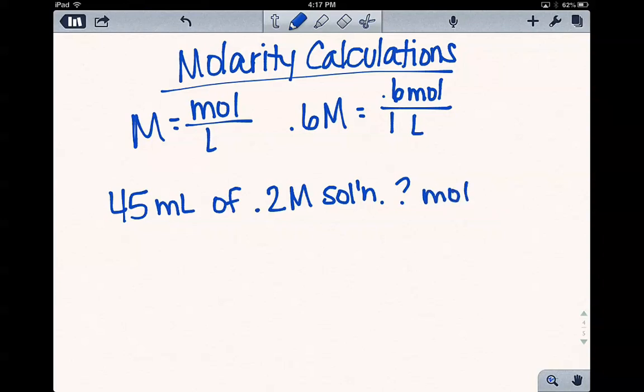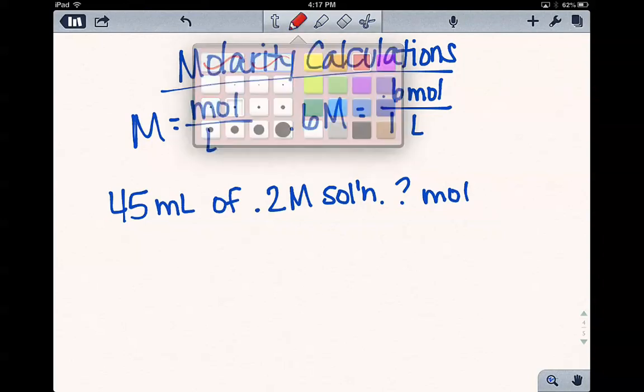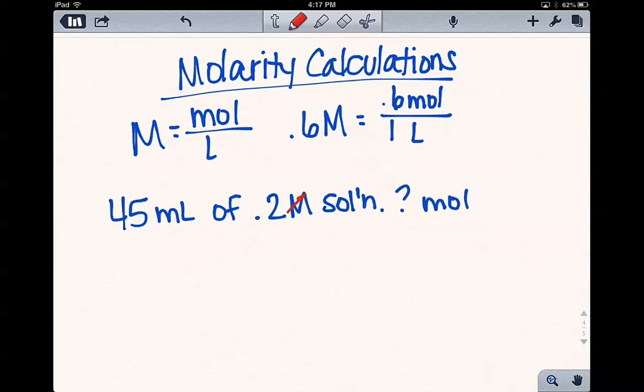And so the way that you figure that out is you start with the simplest number that you are given. And if you remember, I don't want you to think of molarity as molarity. I want you to think of it as moles per liter. And so that's a more complex unit. So start with the 45 milliliters.